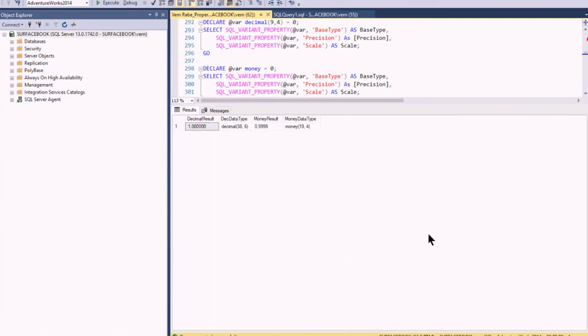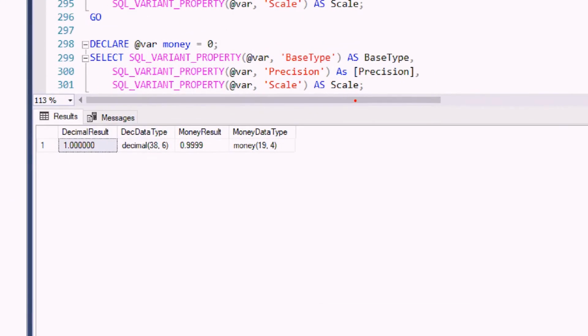And when I execute this and look at the results, I have an accurate result with the decimal. And this is the output of the SQL variant property. The data type of that calculation, the output of the calculation, is decimal 38.6, even though I started at 9.4.